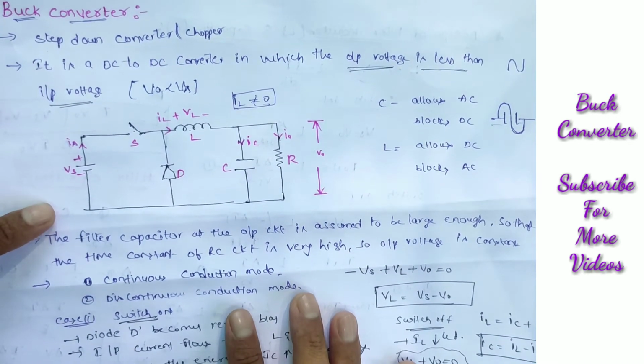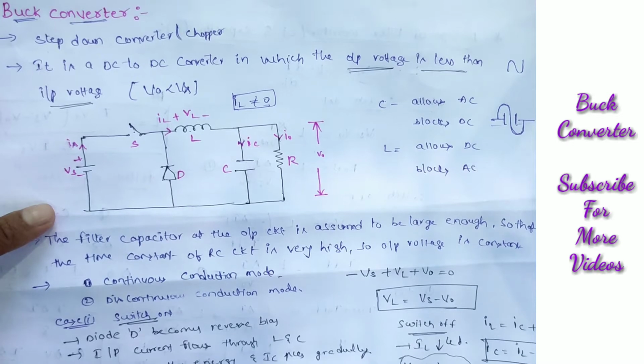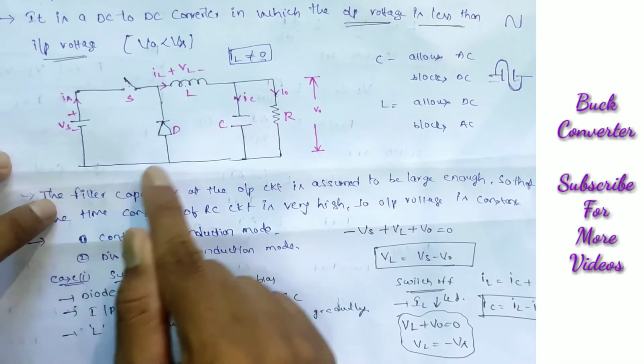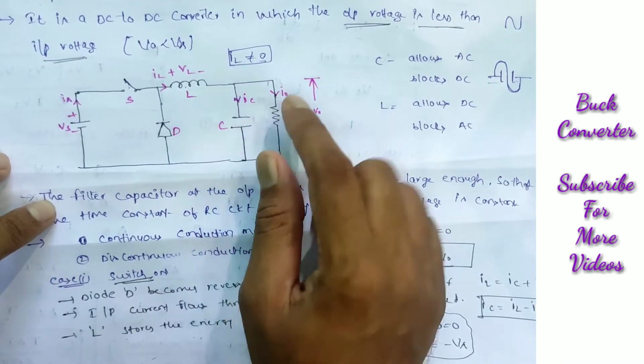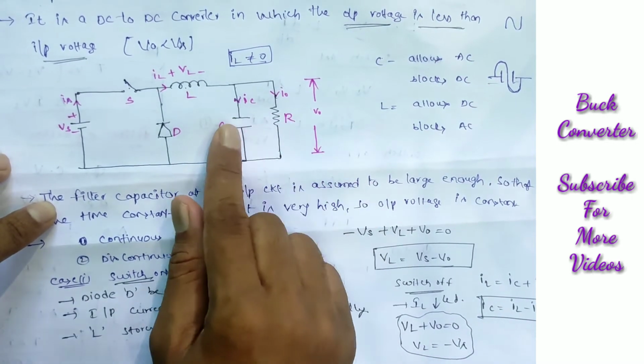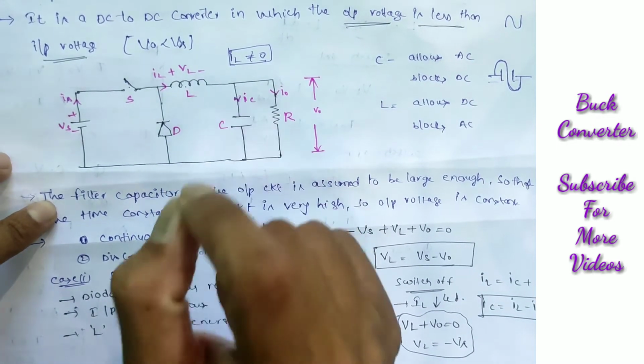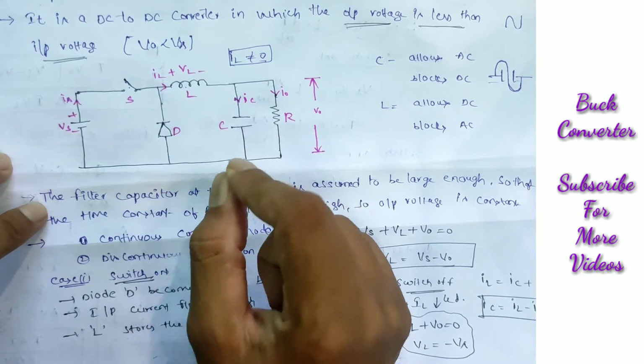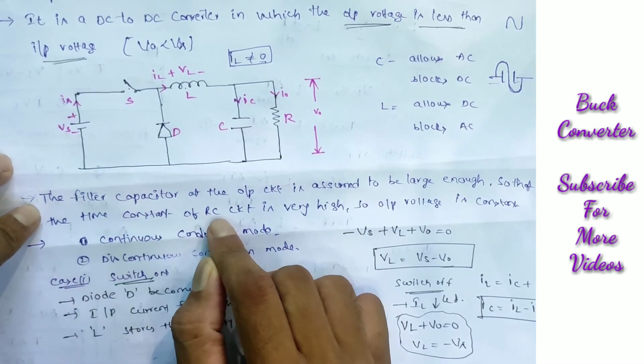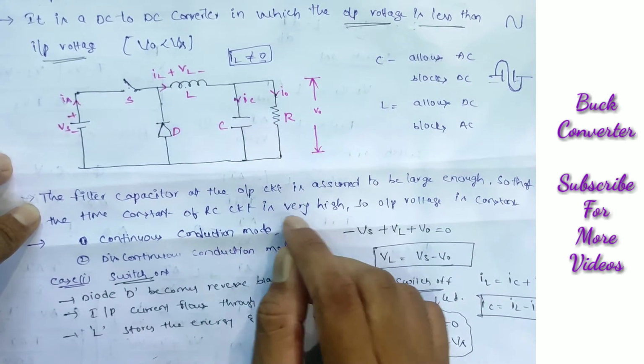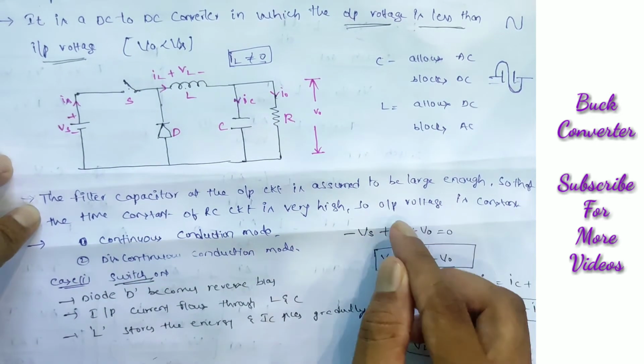Then coming to the operation of the circuit. The filter circuit at the output side has a large enough capacitance. That's why the time constant of the RC circuit is very high, to get a constant output voltage.